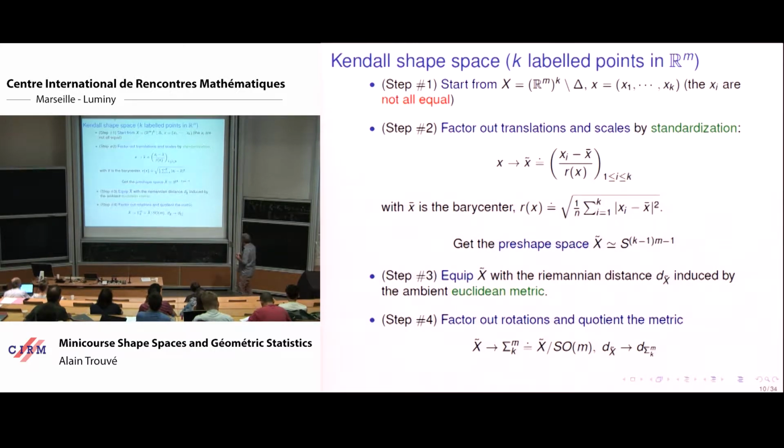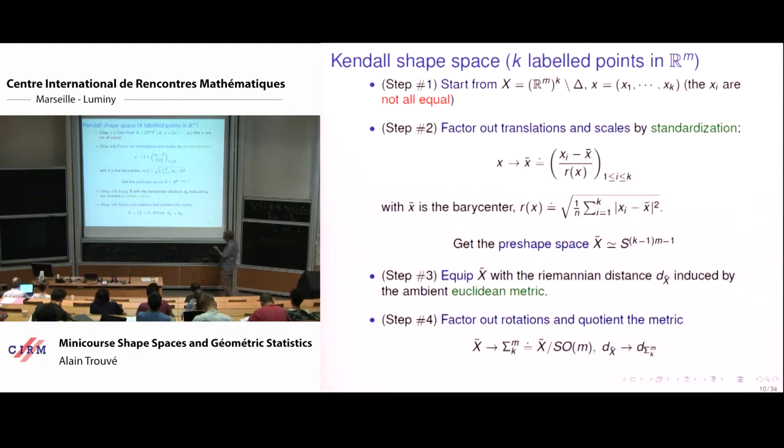The idea is you can think about a collection of points like that. You have 1, 2, 3, 4, 5, and this is this collection. We call them landmarks, and you have labels on them. So here you have K equals 5 landmarks in a dimension M equals 2.